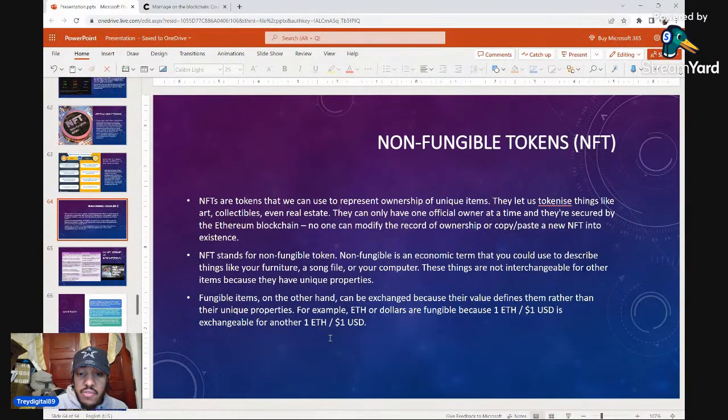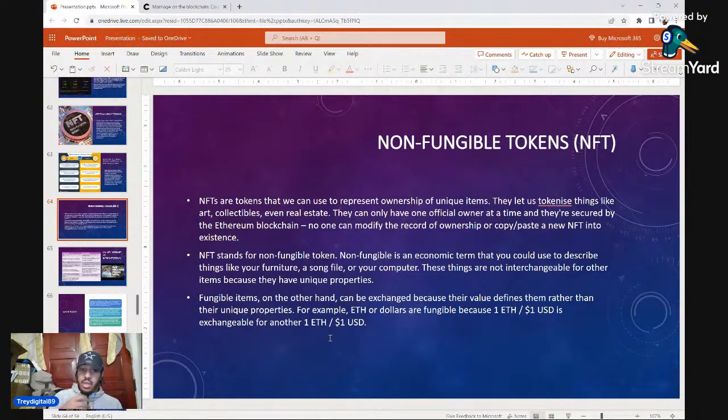NFT stands for non-fungible token. Non-fungible is an economy term you can use to describe things like furniture, a song file, or your computer. These things are not interchangeable for other items because they have unique properties.